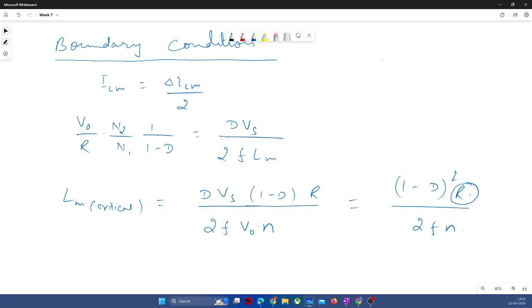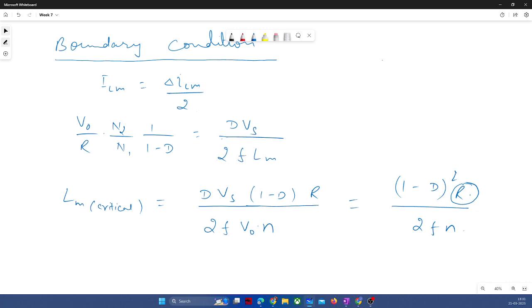If you keep the R in the equation to be minimum and find this critical value, then even if you increase R beyond the worst condition that we have designed, it will remain in CCM. Yes. The basic philosophy is that you design it for the worst case, and if you have designed it for the worst case, it won't go into DCM for better load.